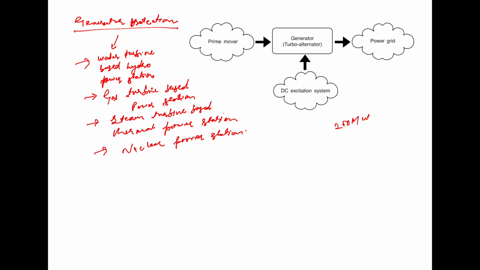Now, in case of a fault on the turbo alternator, it is not enough to open the main circuit breaker which is connected to the power grid.